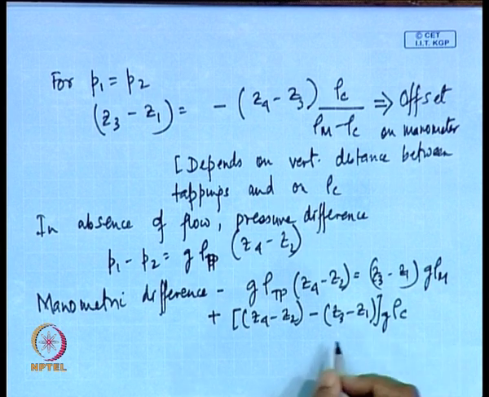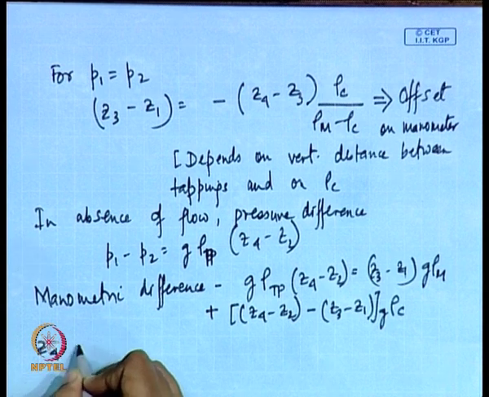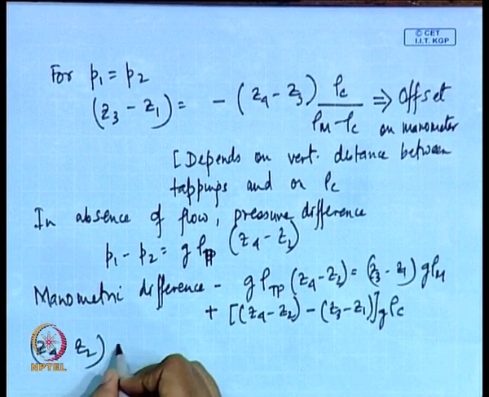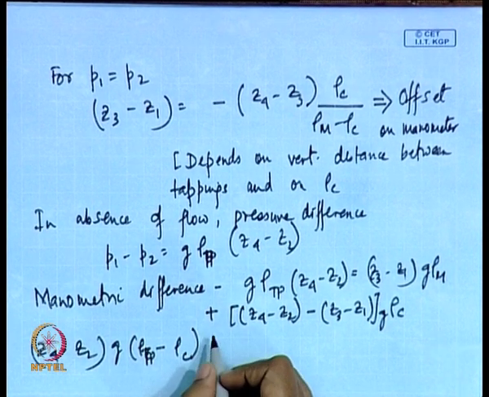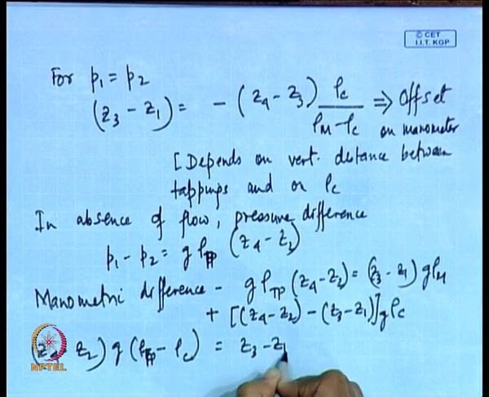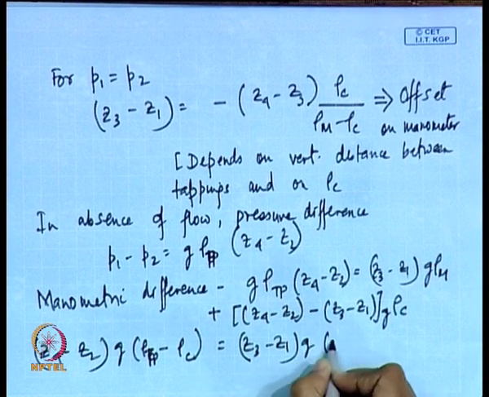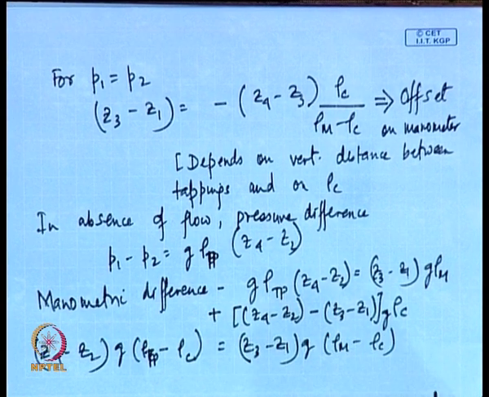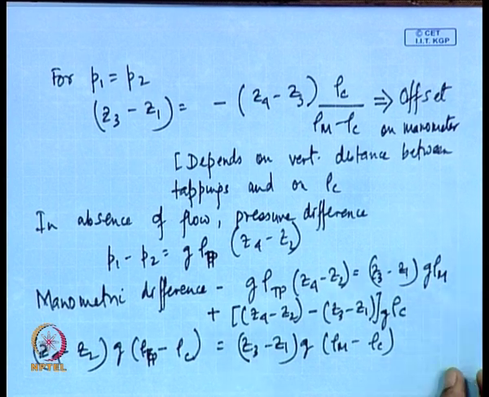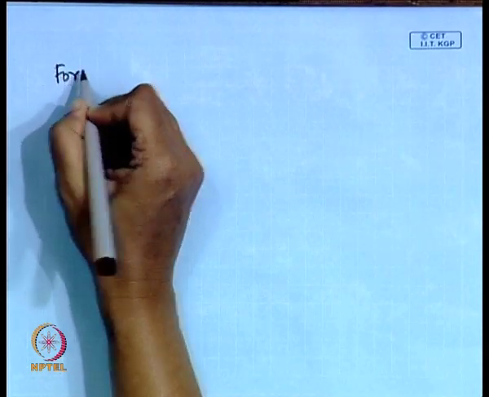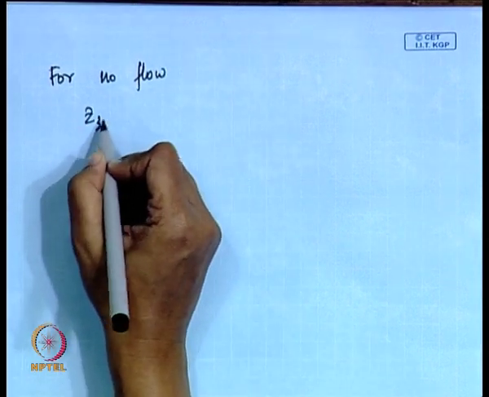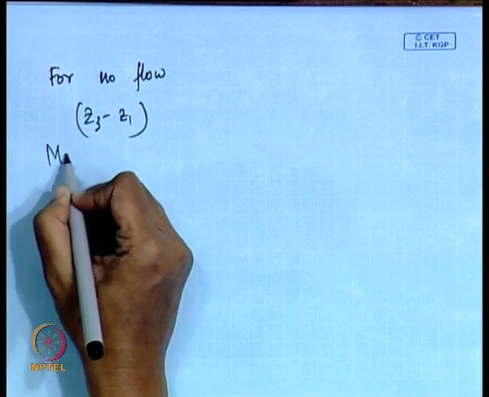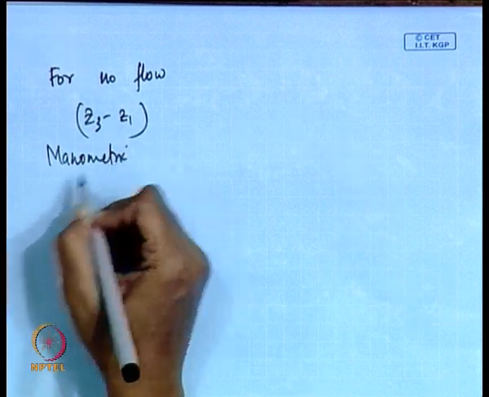Or in other words, from here what do we get? We get the distance between the tapping lines into rho TP minus rho C, this is equal to Z3 minus Z1 into g, rho m minus rho C. Or in other words, for no flow in the pipe, we get Z3 minus Z1, which is nothing but the manometric difference.